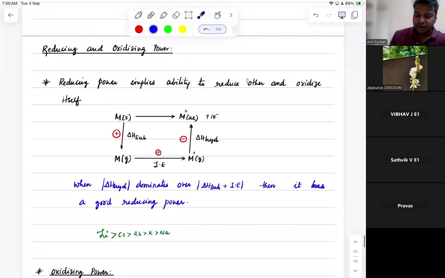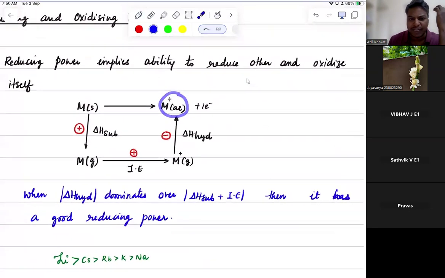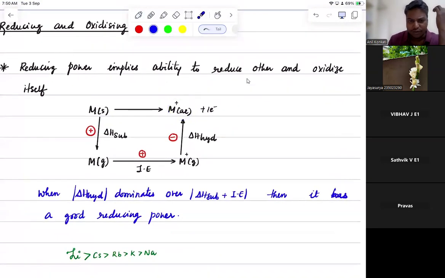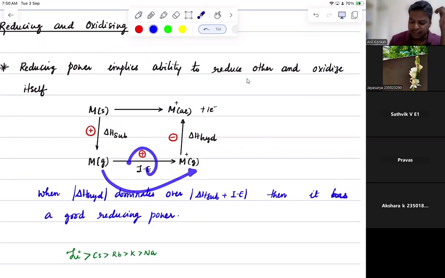Next, reducing and oxidizing power. Reducing and oxidizing power mainly depend upon how the metal or any element converts into an aqueous ion. If it is converting into a positive ion, then M must be a metal. The metal goes through three energies. First is sublimation energy to convert solid to gas. The gas converting into an ion is ionization energy.